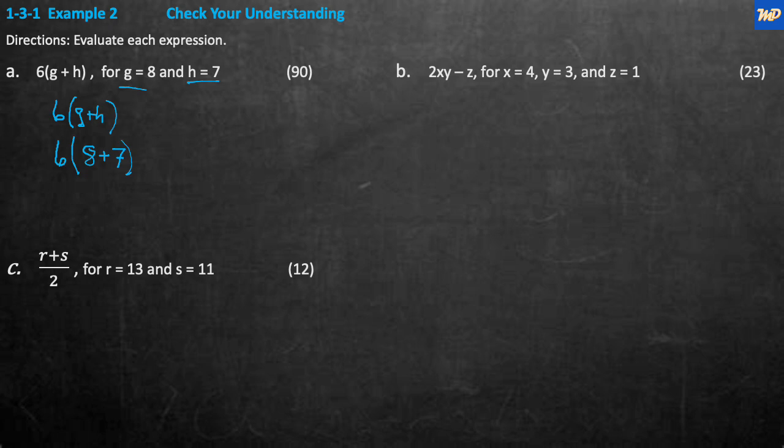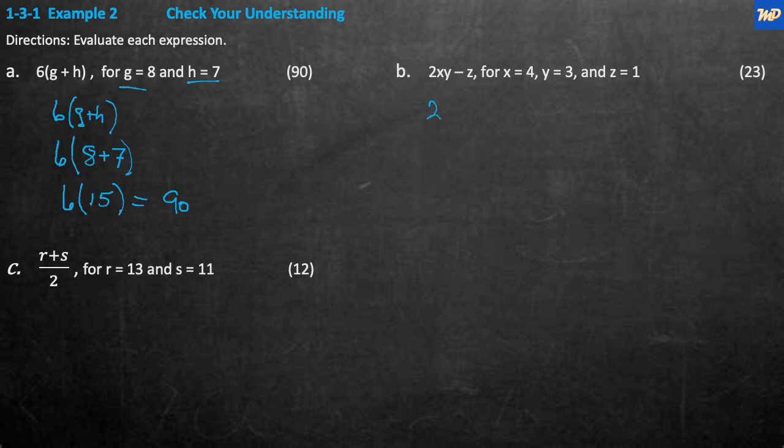So doing that first, we get 6 times 8 plus 7 is 15. Okay? And then when you multiply this out, 6 times 15 is what? You can't reduce the parentheses anymore. You have to do the multiplication, and you end up with 90. Okay?